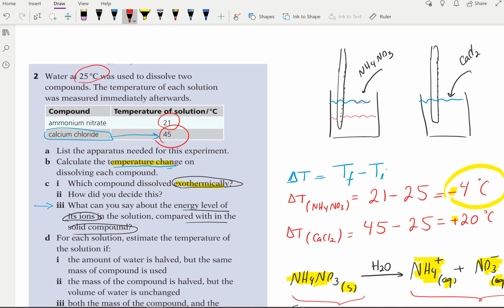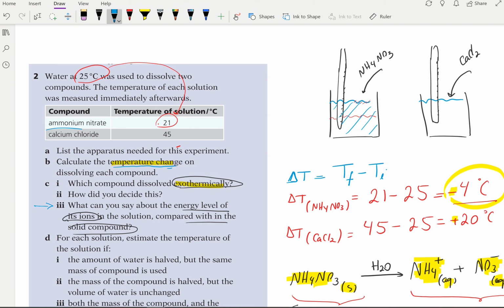You can see for the first experiment, the temperature drops from 25 to 24, so 4 degrees centigrade, the temperature has dropped. But if you halve the water, the temperature drop doubles because at the beginning you are taking the energy from this amount of the water. It is endothermic. Dissolving takes the energy from the water.